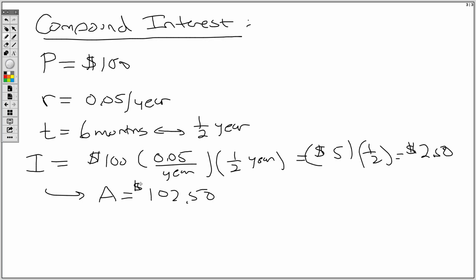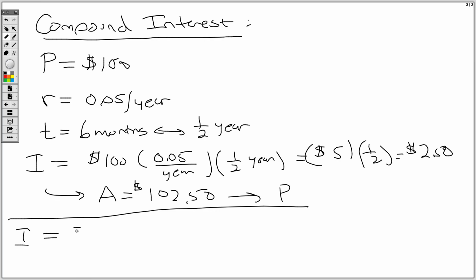But now if you reinvest it, so if you make this the new principal and reinvest it for the additional 6 months, so now I'm looking at 102.5 times 0.05 per year times a half a year.